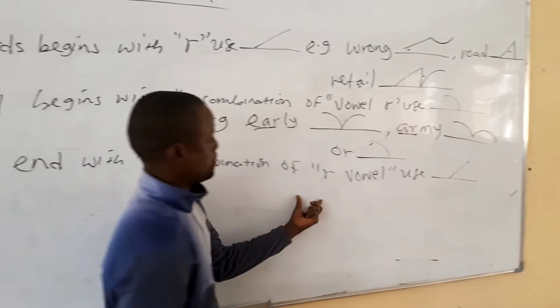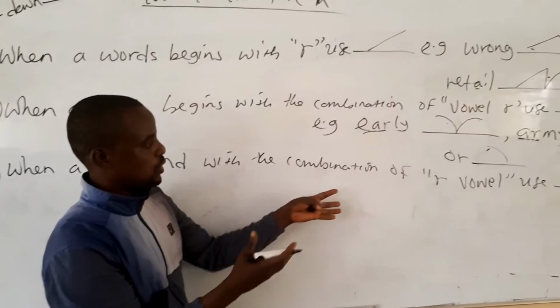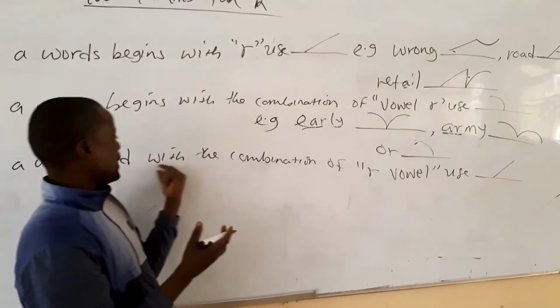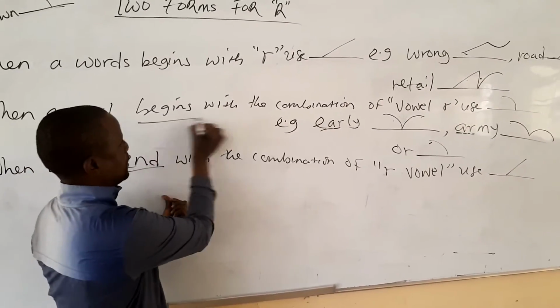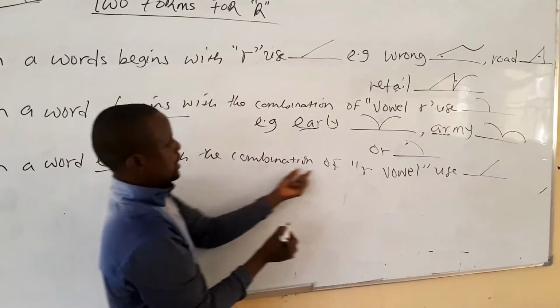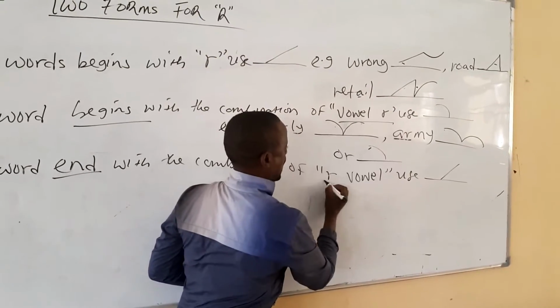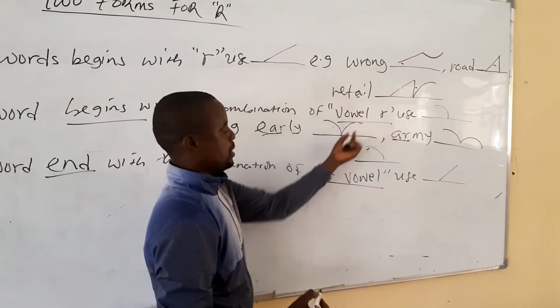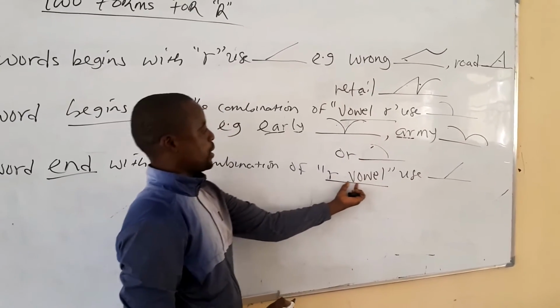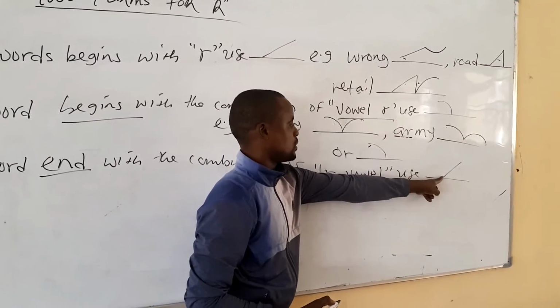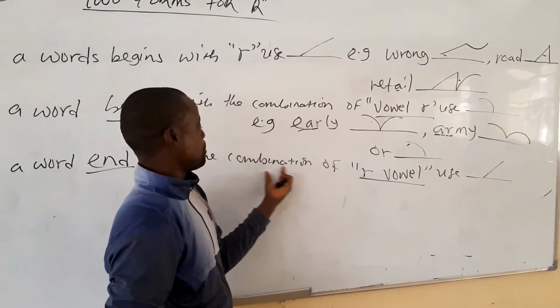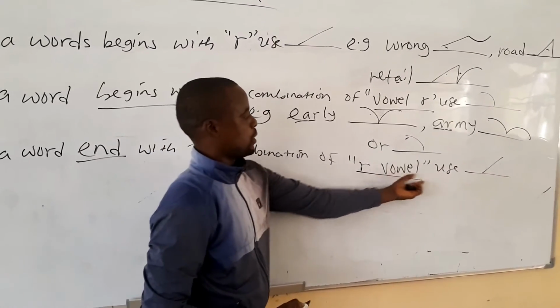So this principle says when you have the combination of R vowel at the end, look at the end. This we say begins, and this we say vowel R. This is R vowel. If it is vowel R, use R down. But if it is R vowel, use array of. That is why, when we have the combination of R vowel, we are going to use array of.